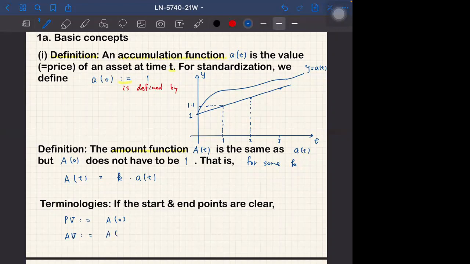Start time is 0, end time is capital T. Then A(0) is called the present value, and capital A(T) is called the accumulated value. So often we have PV or AV in actuarial mathematics.